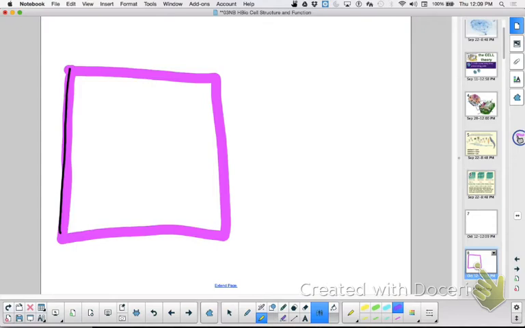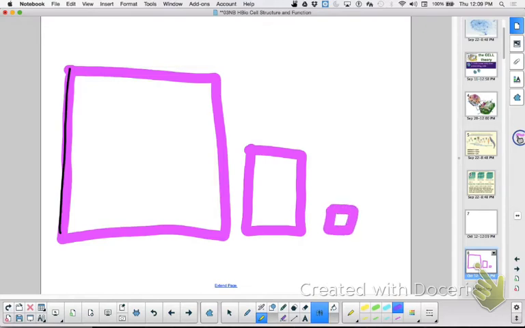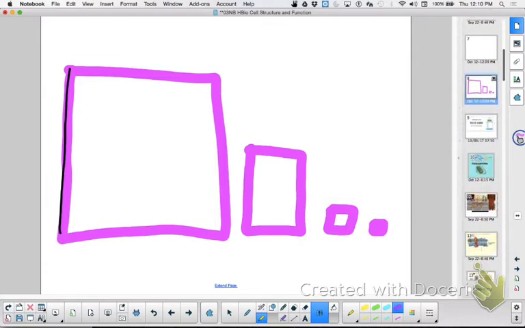And then if I had a cell that was this big, do you see how now I have a larger surface area per volume inside? Look at this cell, even a larger surface area per volume inside of it. So that's why you want to have cells that are very, very small, so they have a large surface area per what you have inside of that cell. That's why cells are small.